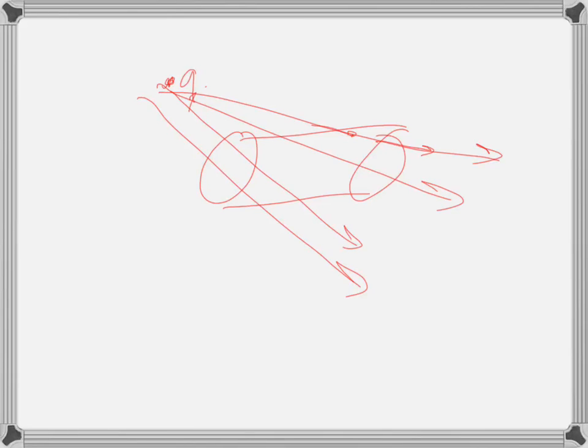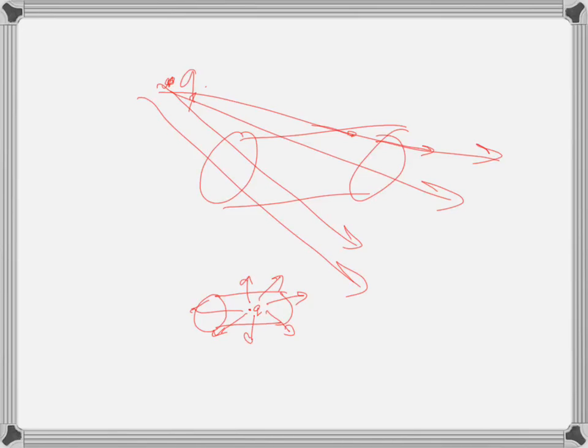So the net flux is zero because there's no net flow either into or out of the surface. The only way that there is a net flow out of the surface is if the charge is inside the surface. Then there's a net flow out of the surface, right?